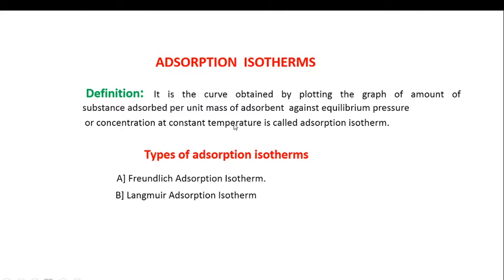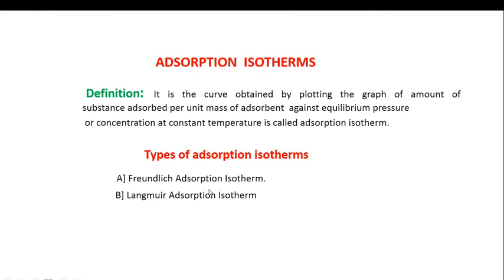The adsorption isotherm means the curve obtained by plotting the amount of substance adsorbed per unit mass of adsorbent against equilibrium pressure or concentration at constant temperature. There are two types of adsorption isotherms: first, the Freundlich adsorption isotherm, and second, the Langmuir adsorption isotherm.